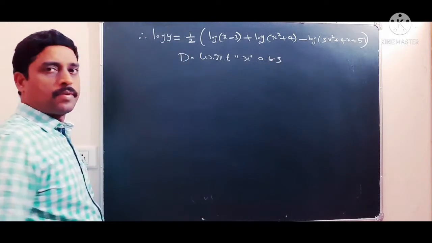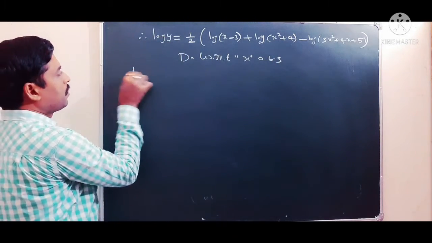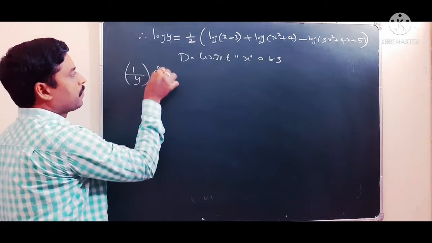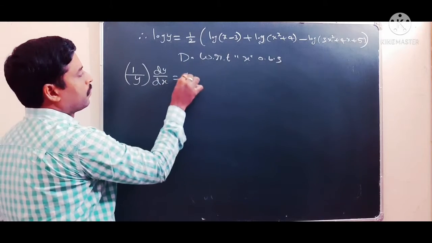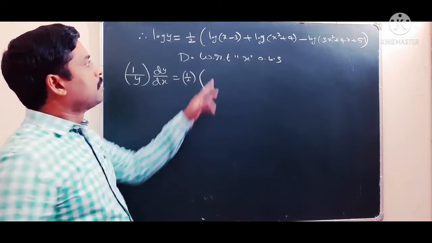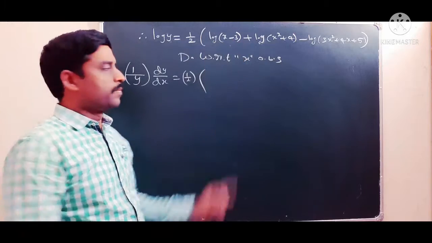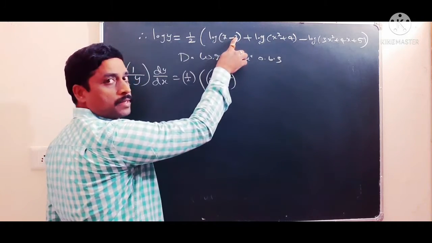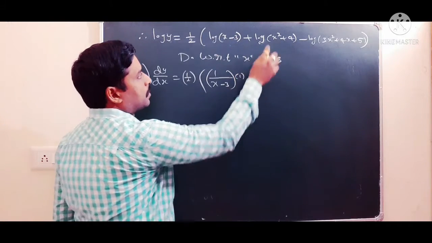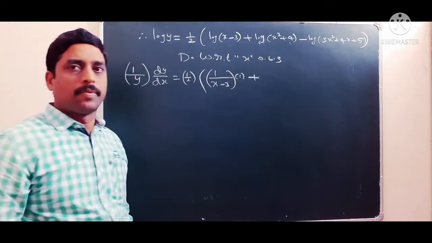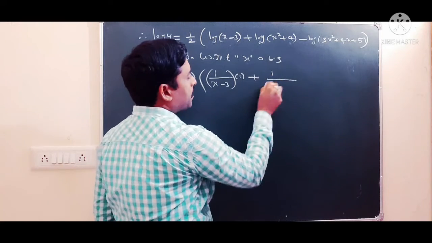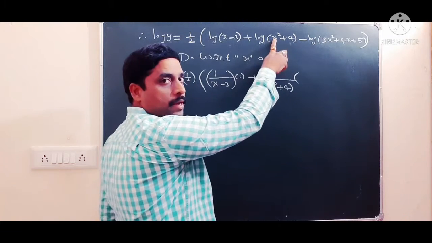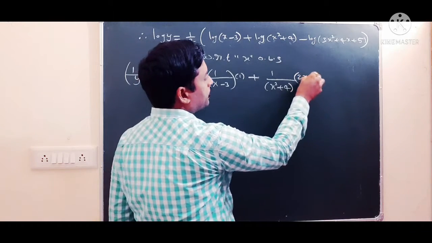So differentiation of log y is 1 by y into dy by dx. 1 by 2 times of differentiation of log x minus 3, that is 1 by x minus 3, but the derivative of x minus 3 is 1. Okay. So differentiation of log x square plus 4 is 1 by x square plus 4 into the differentiation of x square plus 4, that is 2x, and the derivative of 4 is 0.